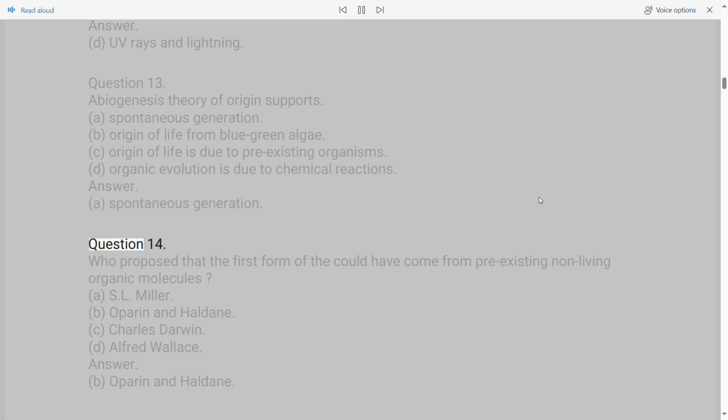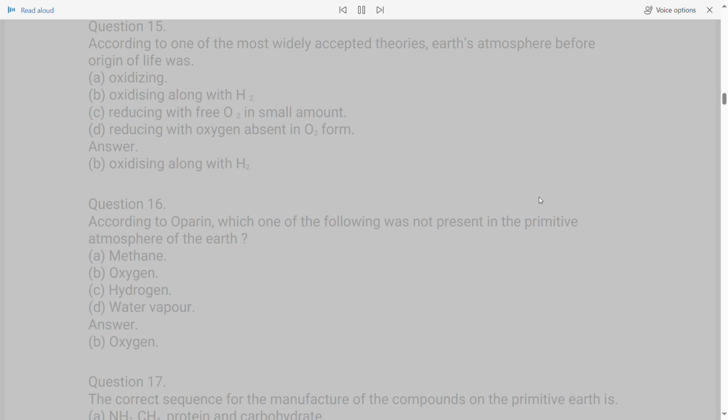Question 14. Who proposed that the first form of life could have come from pre-existing non-living organic molecules? A. S. L. Miller. B. Oparin and Haldane. C. Charles Darwin. D. Alfred Wallace. Answer. B. Oparin and Haldane.